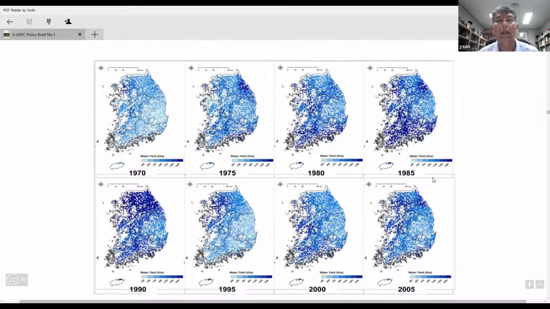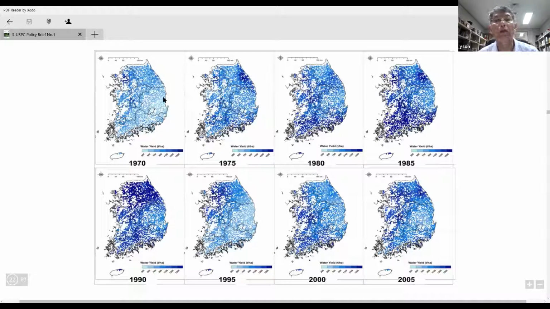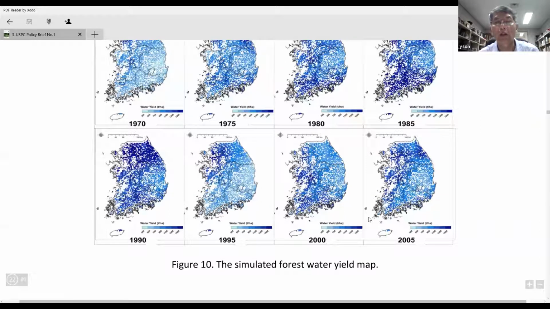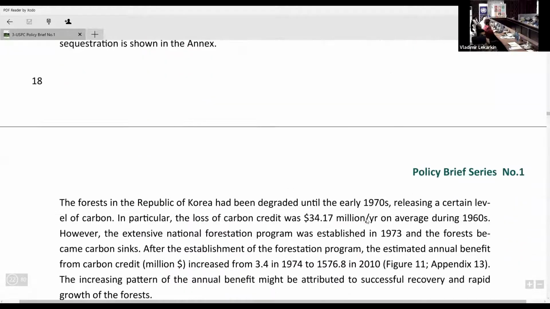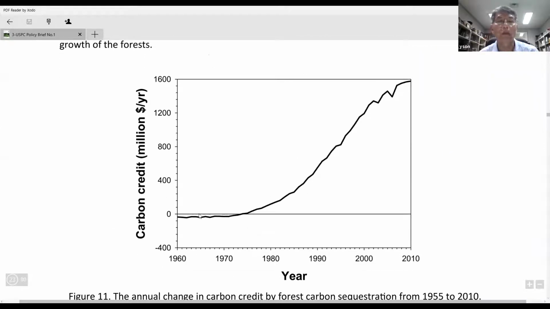As I explained, water yield enhancement increased sharply right after reforestation for 20 years up until the 1990s, and not much influence after that. So the water enhancement effect appears in the beginning stage. Forest carbon model: this shows the carbon credit in monetary terms increasing very sharply after reforestation.